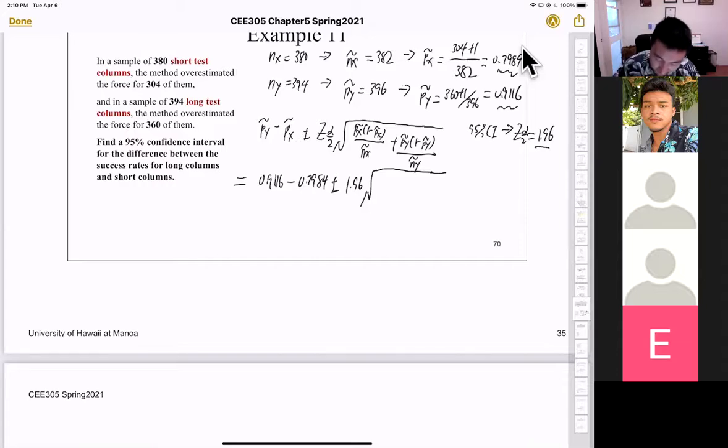Then you can just plug in modify px, modify nx, which is here, and here. So I will just skip the details. So this is the final answer for the 95% confidence interval.